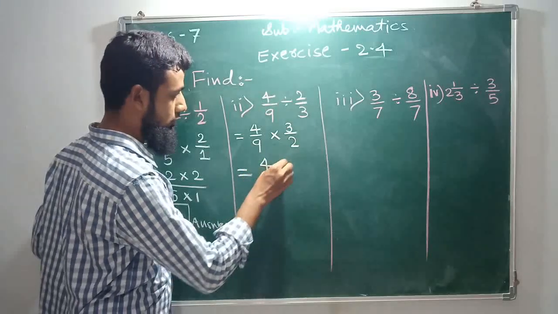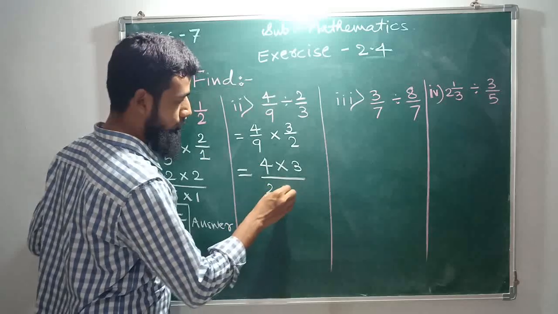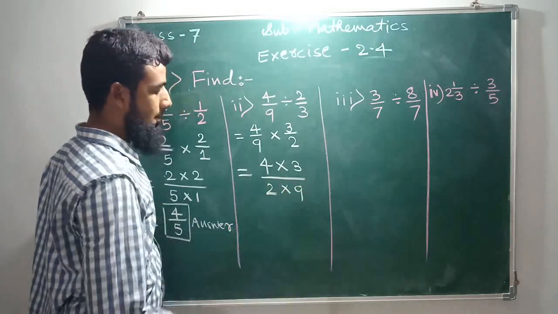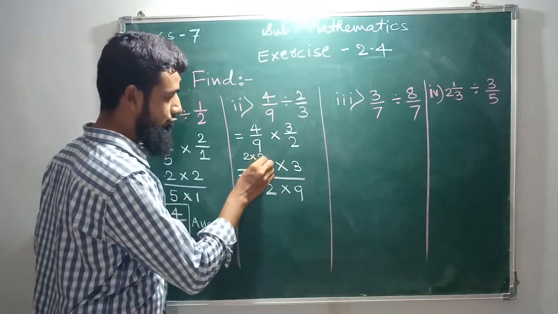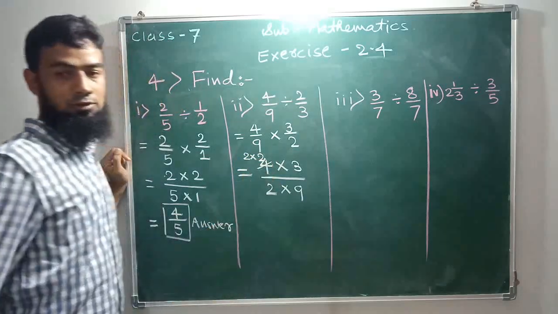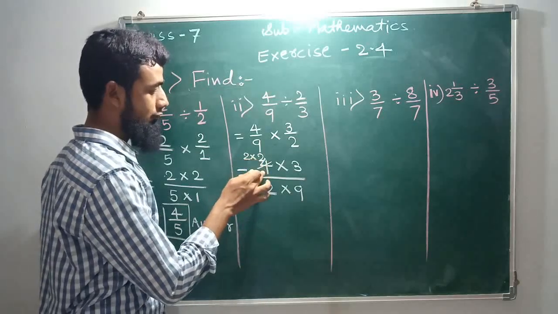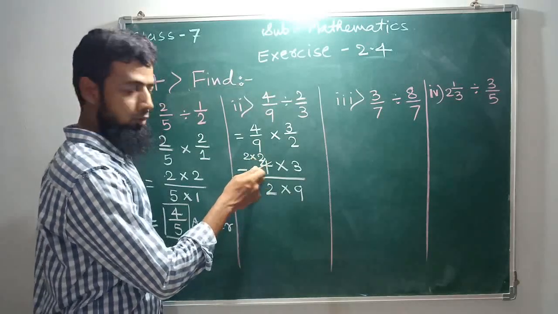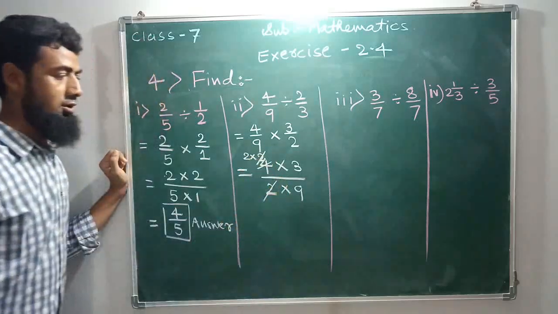So 4 multiplied by 3 upon 2 multiplied by 9. My dear students, can I write 2 times 2 instead of 4? Yes or no? So we have written 2 times 2 instead of 4, and these two and these two will be cut.